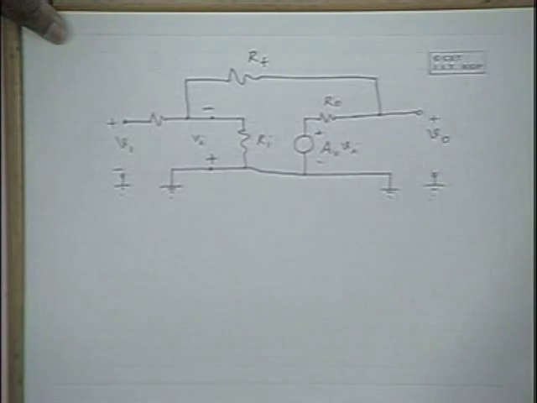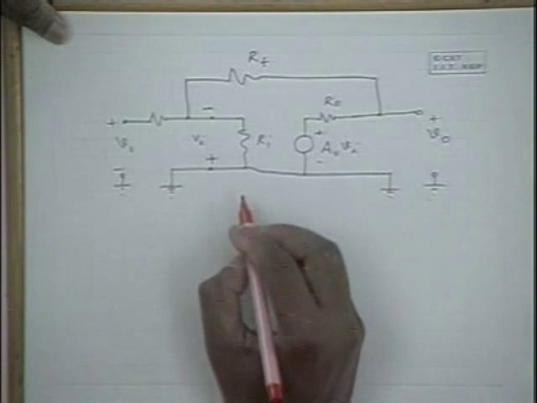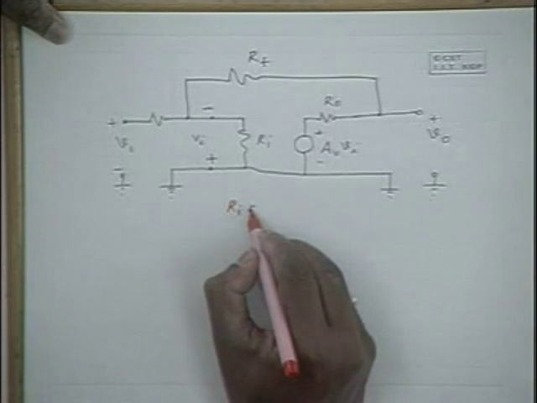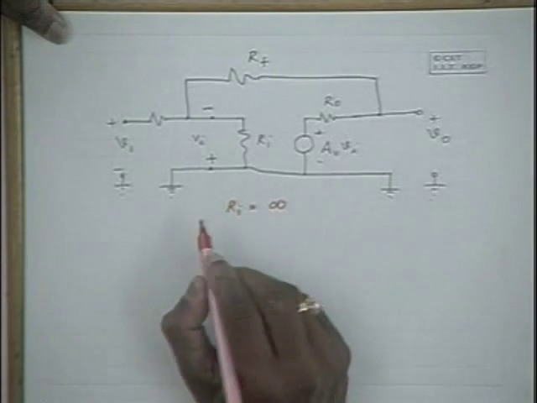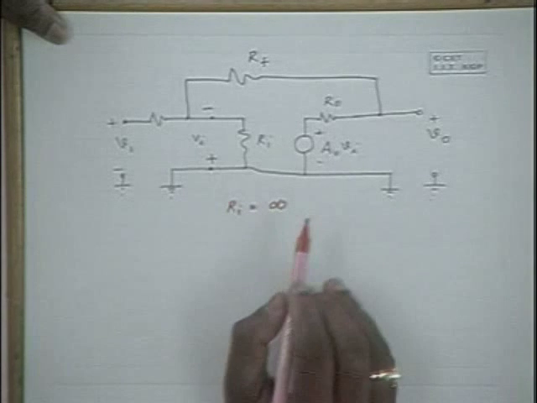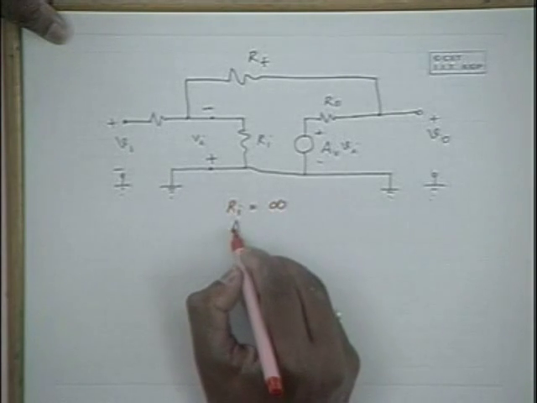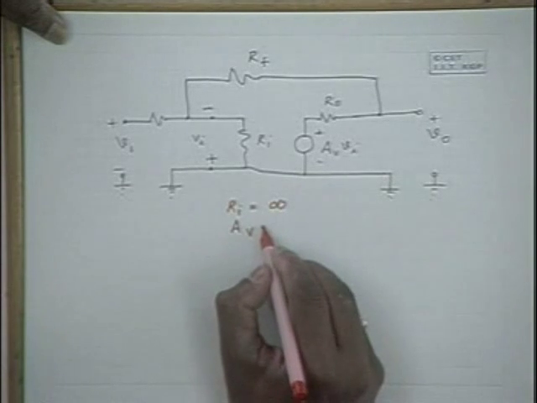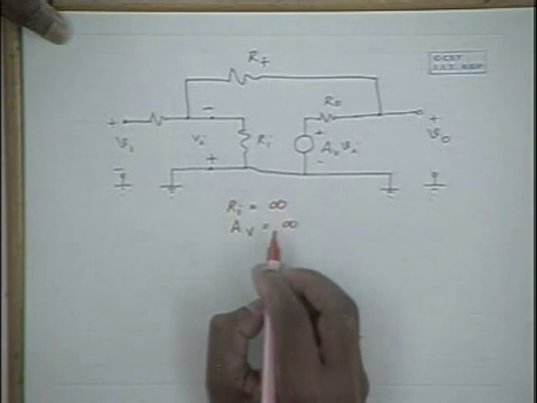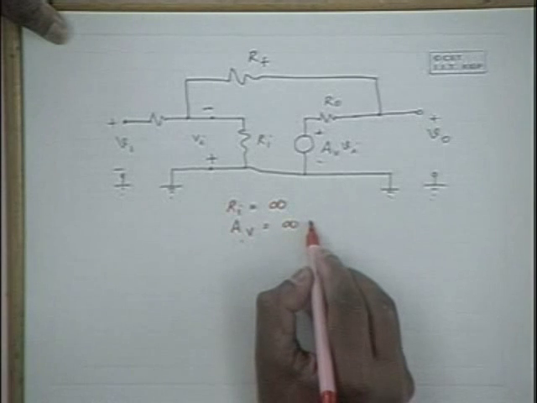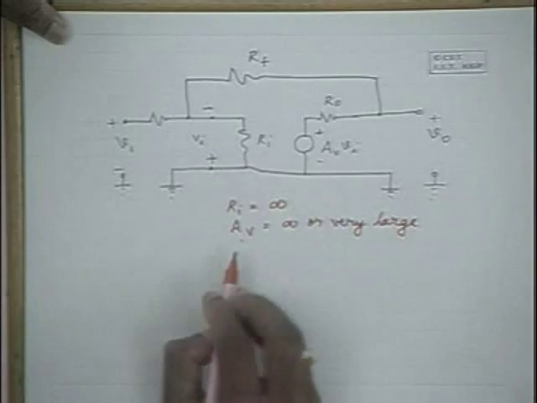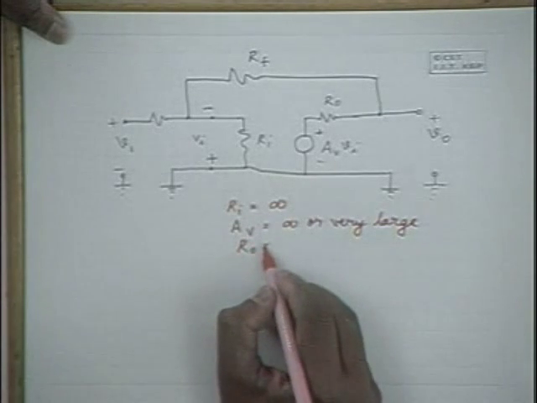Now the approximate analysis is very simple, and let us carry out the approximate analysis assuming that the input impedance is equal to infinity and the voltage gain is also infinity, or very large voltage gain, and R0 is equal to 0.